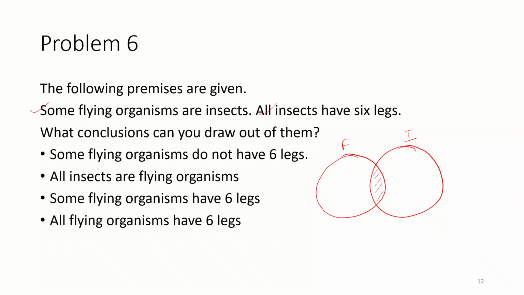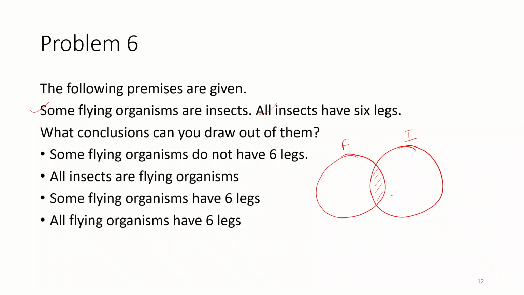The thing is, they have not told us about all the organisms and insects, or whether all insects are flying organisms or not. So I think this is the Venn diagram that we should go for.